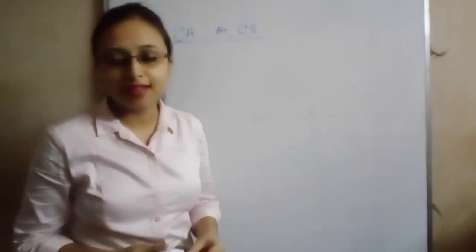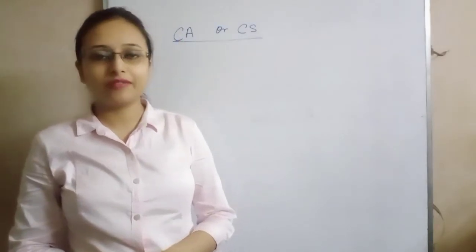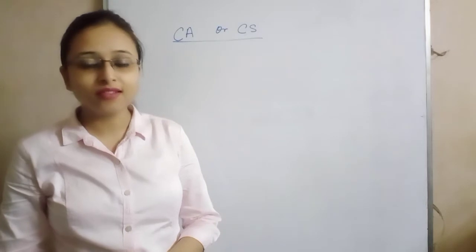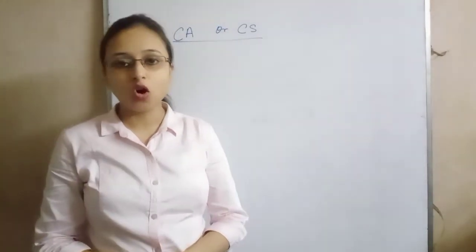Now, let me say you, it is a very common question after the plus 2 level. Students usually ask, what do we do? Which is the better one to do, CA or CS?